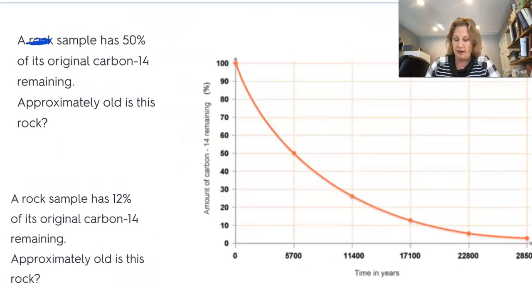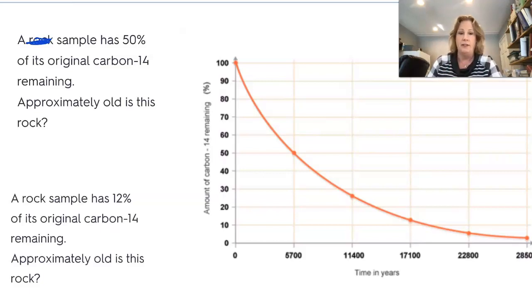A question that you might have is just interpreting a graph. If you find a sample where 50% of the original carbon-14 is still there, that means the other half of it decayed into nitrogen-14. In this case, you wouldn't have to know that, but it's a beta decay.